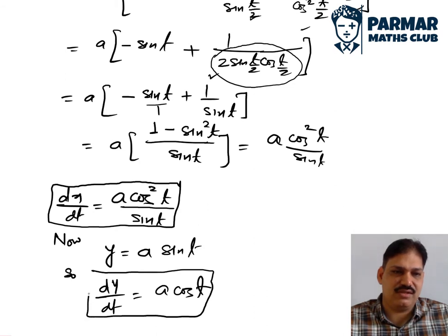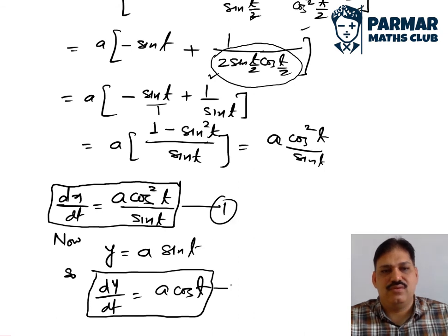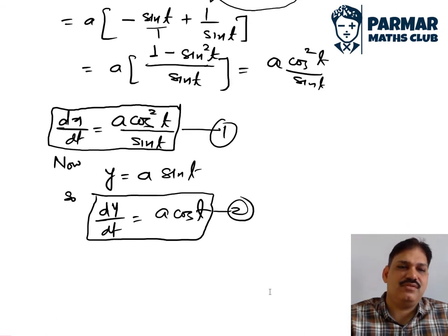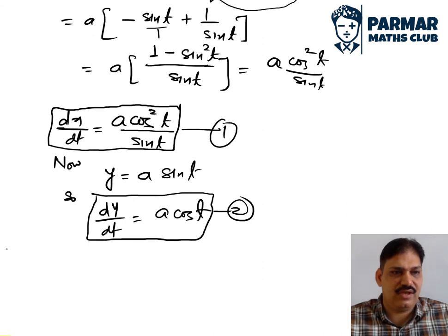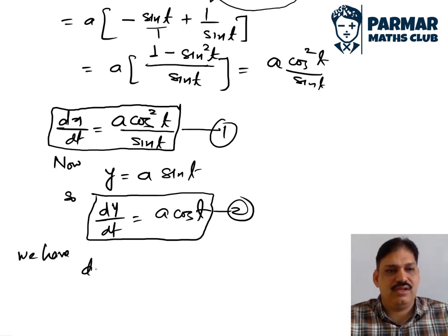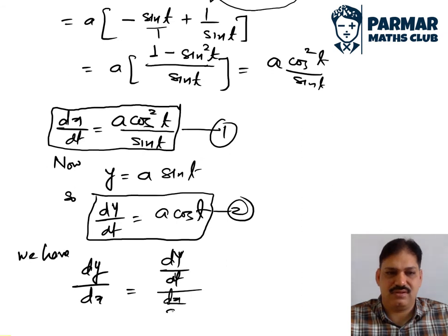We must mark these as equation 1 and equation 2. Now with the help of this, we know that derivative of y with respect to x is given as derivative of y with respect to t divided by derivative of x with respect to t.